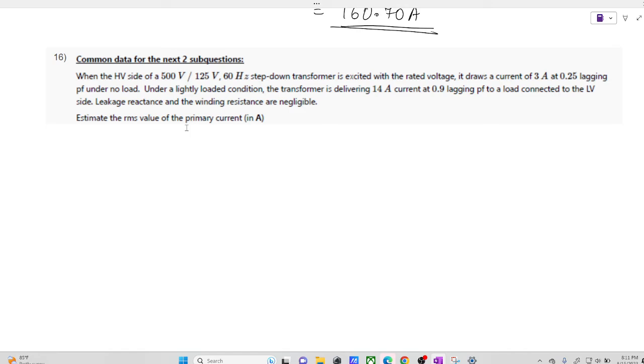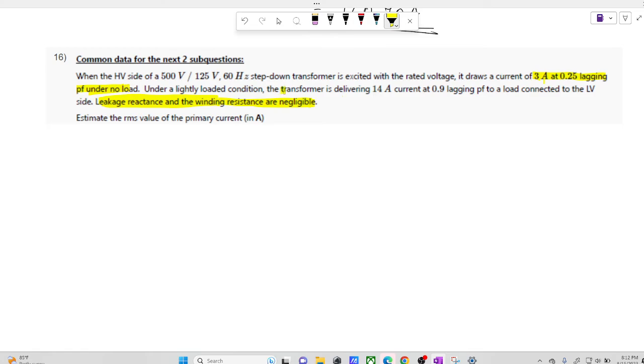So they have given that leakage reactance and winding resistance are negligible, and also they have given the no load current. It draws current of 3 ampere at 0.25 lagging under no load condition.